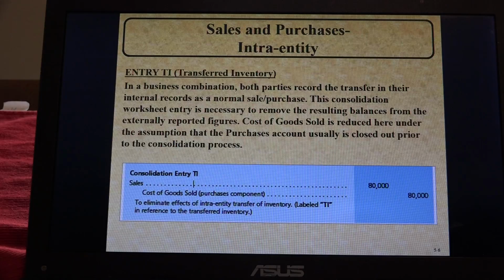In other words, we haven't really looked at it, but we will here in a minute. In this example, this was purchased at an amount of, I believe, $50,000. Okay, so there was a $30,000 markup, gross profit, on this sale, and so that $30,000 is still sitting in ending inventory.